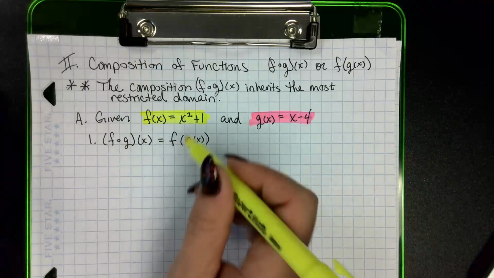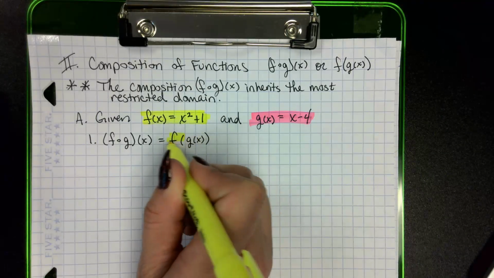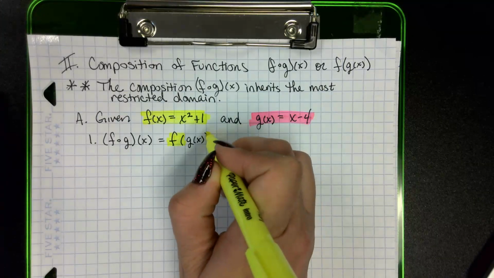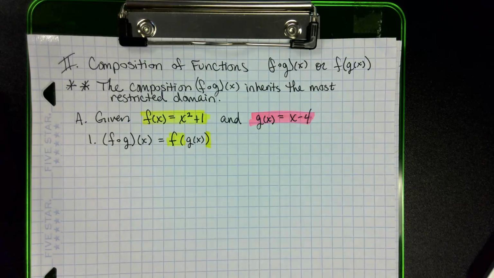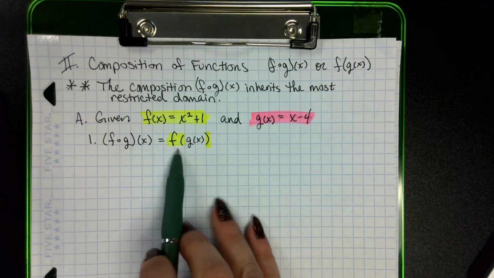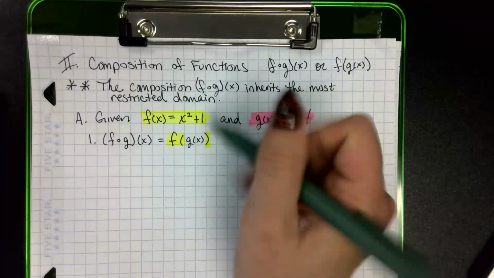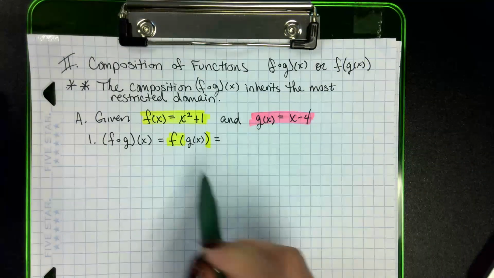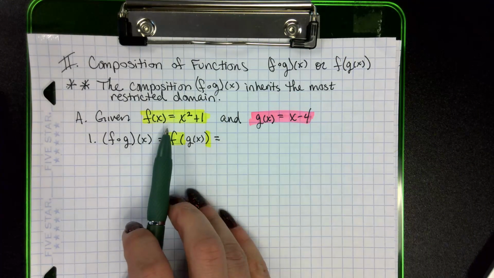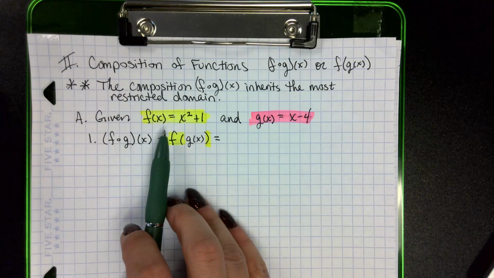And since I'm starting with the f, when I read the notation, it tells you what you're doing. Since I started with f, I'm going to go to the f function and start writing it. But anytime I get to an x, I'm going to leave a blank.